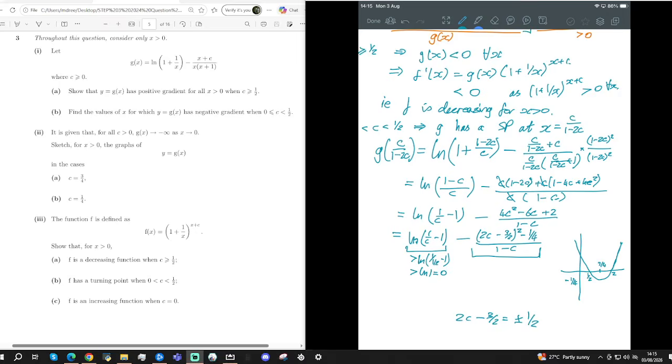Is that coming out to be positive between 0 and a half? Are those my solutions? Let me just check. So if I were to sub a half in here, that's 1 minus 3/2, that's negative a half squared. That does give a solution.